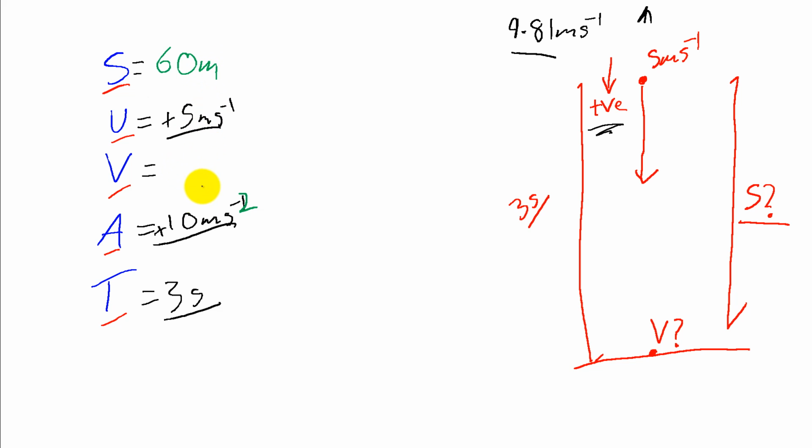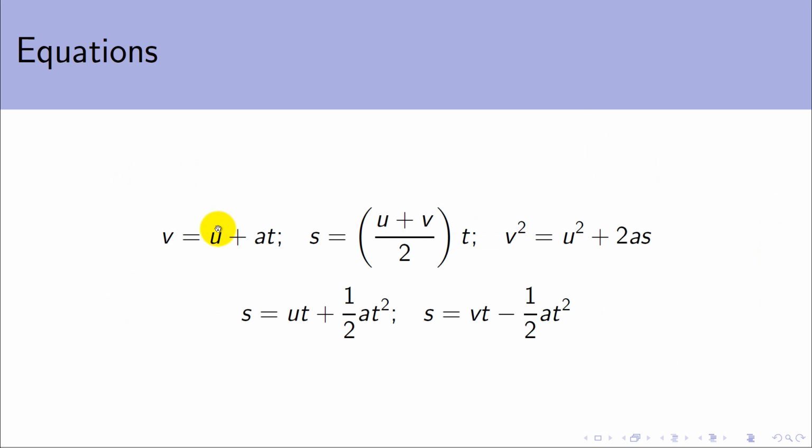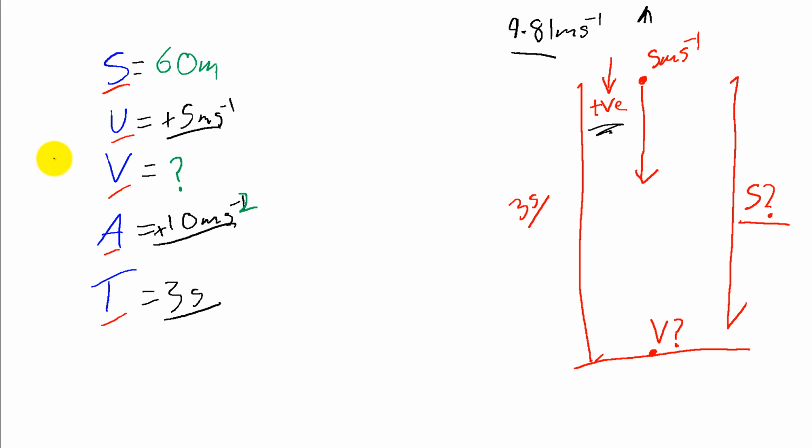Because we know all 4 variables, and it's just v that we want to know, we could use any of the equations with v in. So based on this, we could use v is u plus at, we could use s is u plus v over 2 times t, v squared is u squared plus 2as, or we could use s is vt minus half at squared. However, if we have a look here, this 60 is one we calculated.